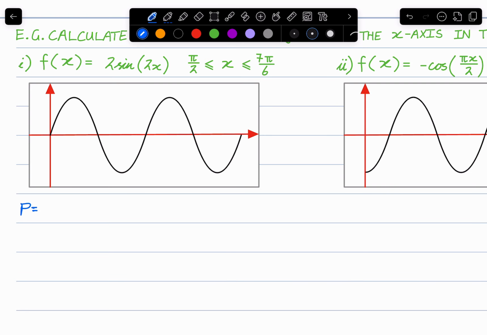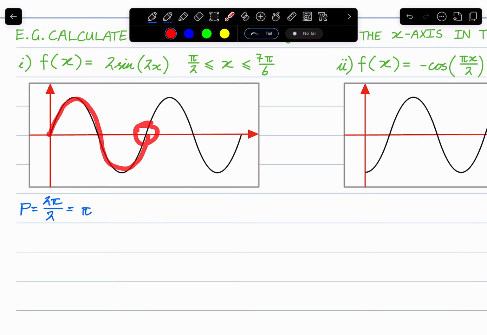And the period of sine and cos is always 2 pi on b, in this case 2, which is pi. So the period of length pi means this cycle will end, or at least repeat, at length pi, which means halfway here is pi on 2.